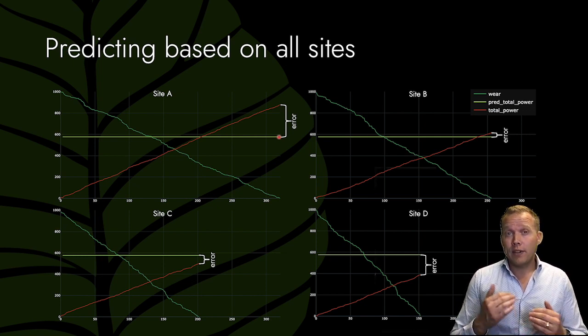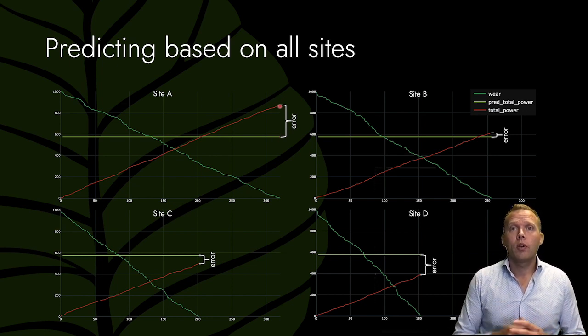So, if the prediction, the light green line, and the accumulated power consumption meet at the same point when the wear reaches 0, the prediction is perfect. That is, the predicted total power you can get out of a mantle has a perfect correlation with the actual power consumption and time that you got from that mantle.